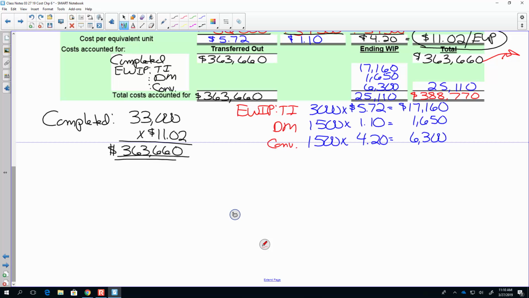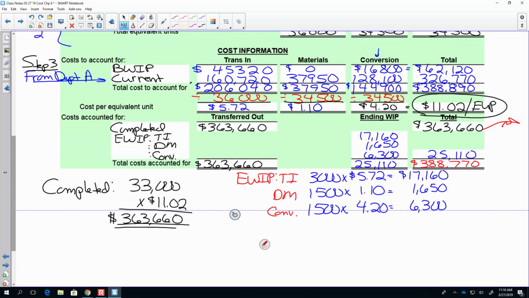Or I might ask, what is the cost per equivalent unit for materials? 1.10. So with this one problem, I can ask 3, 4 different multiple choice questions on it. Remember, for the test, I will give you a template. So you'll have that with you. Or if you want to, you can have a weighted average template in your Excel and you can put the numbers in that way. Whatever you prefer.